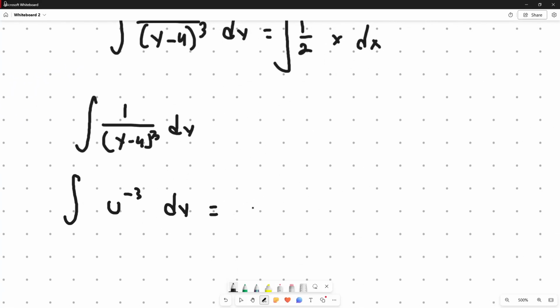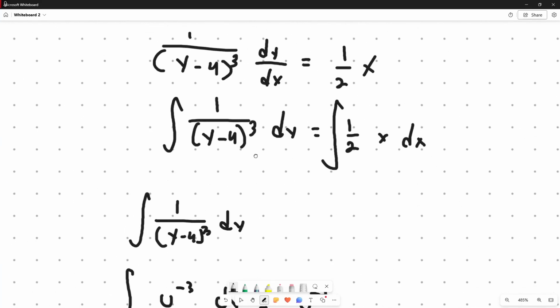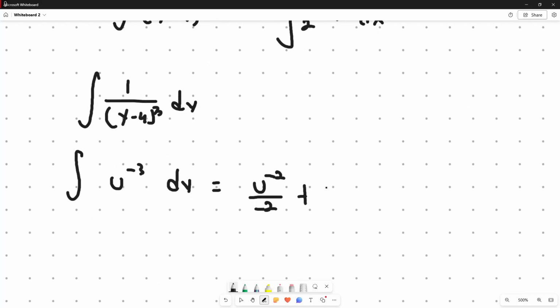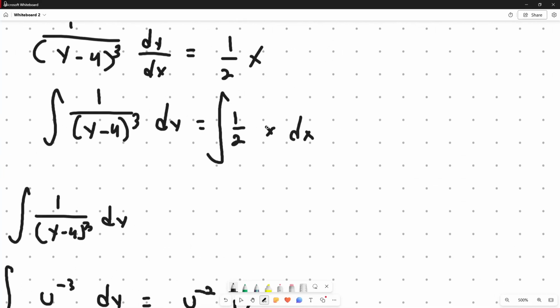So this just equals u to the negative 2 divided by negative 2, and then because this is in terms of c. Now if you want, you can write the c over here, that's okay, but usually you just put the plus c on the x side.